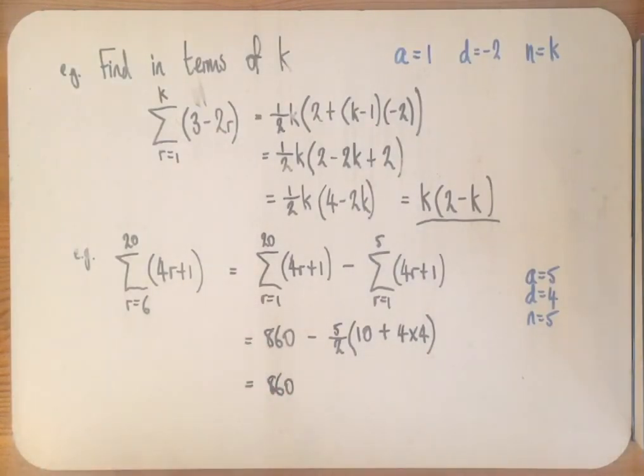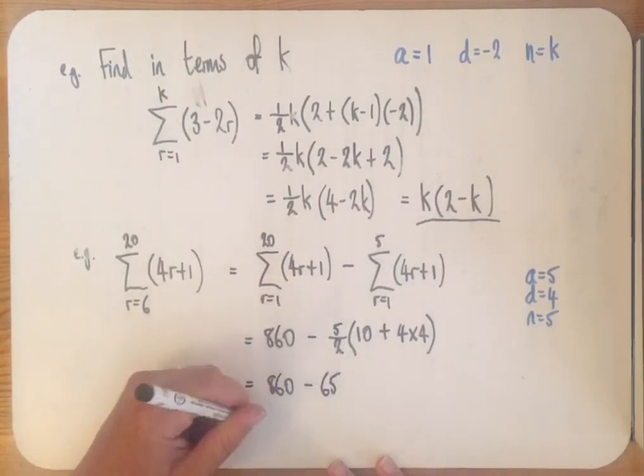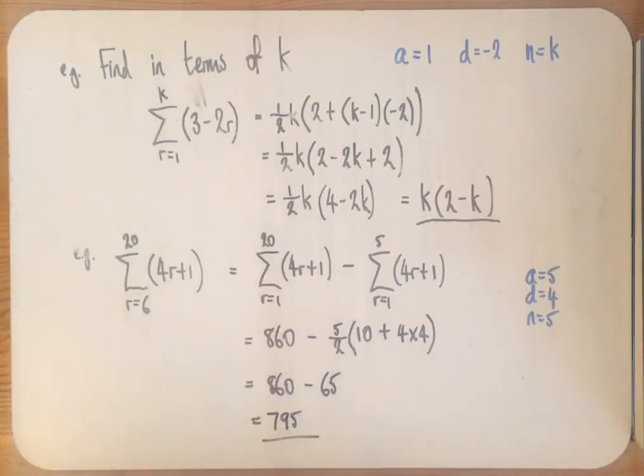And then popping that into my calculator, that gives me 65. And so we end up with 795.